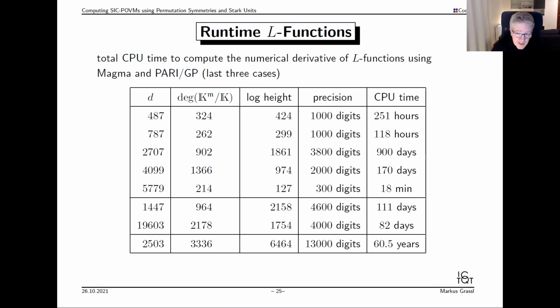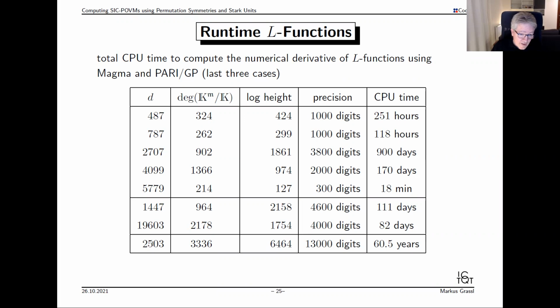So we need 1,000 digits precision for dimension 487, and the total CPU time was about 10 days to do that. We can have independent calculations for all of those, which gives us some savings.